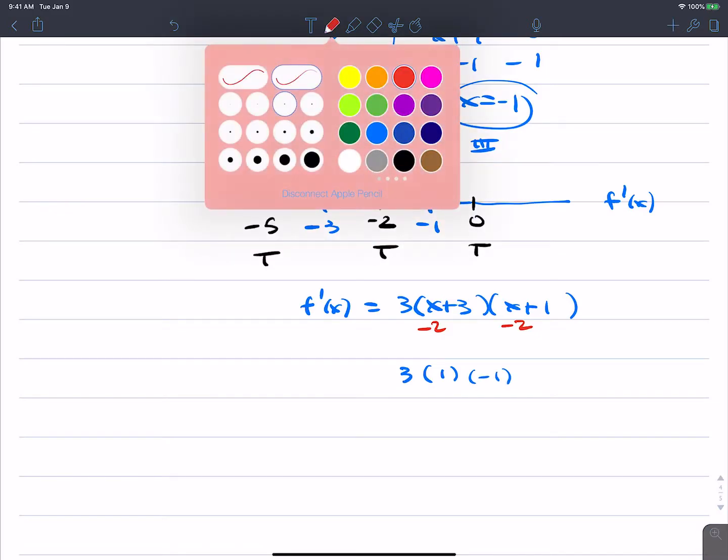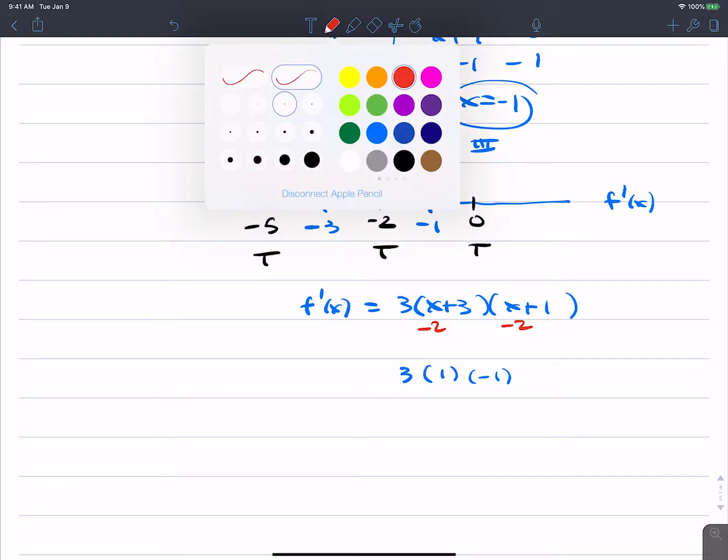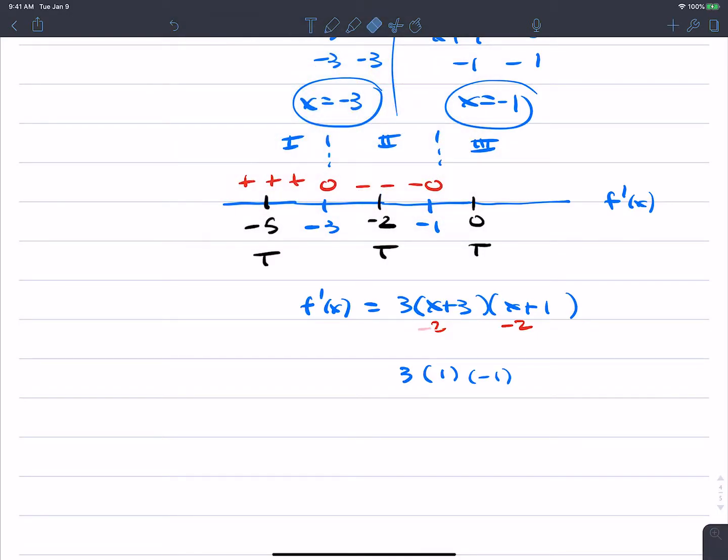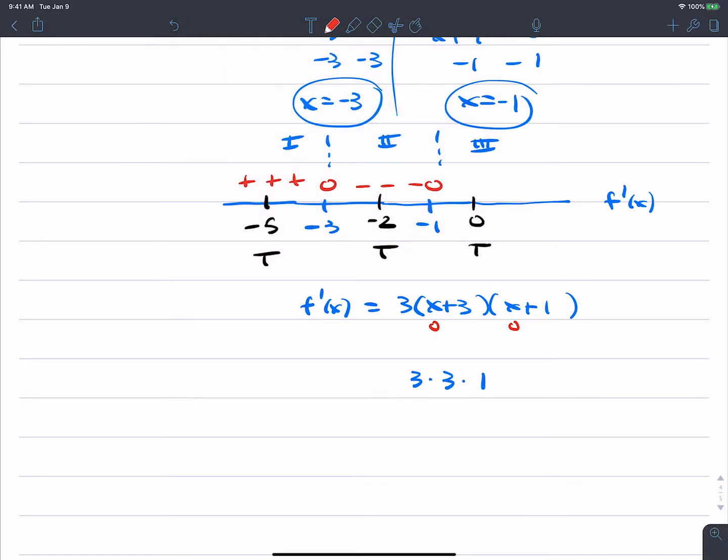My answer is negative. Okay, plug in 0 now. Test 0. We end up getting 3 times 1. I don't care about the answer, I just care about the sign. That's positive.